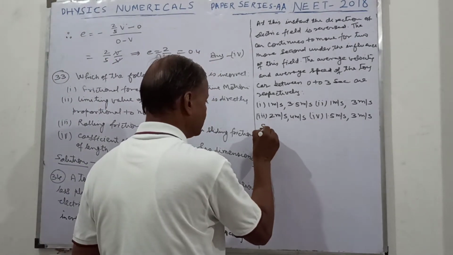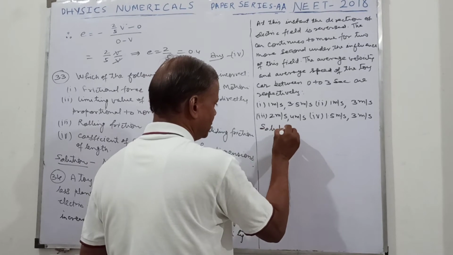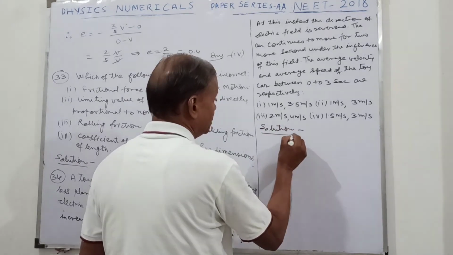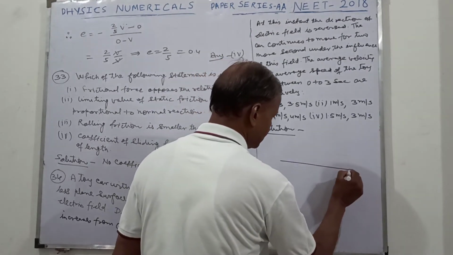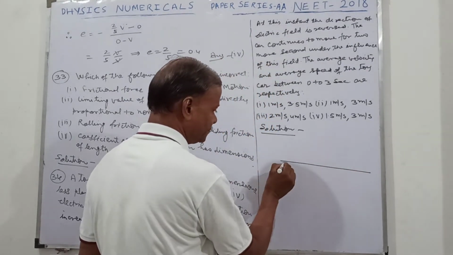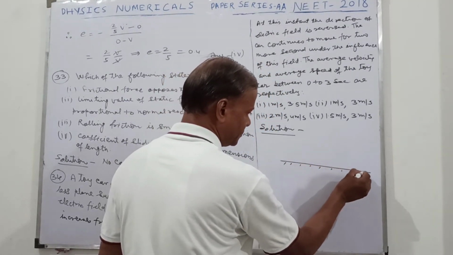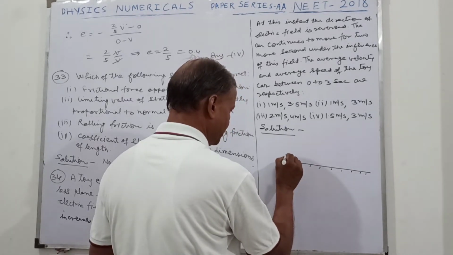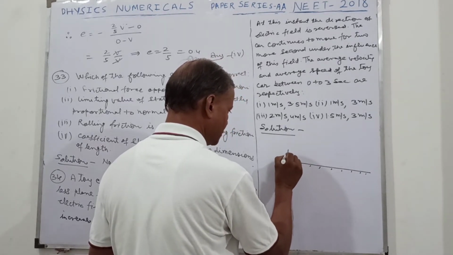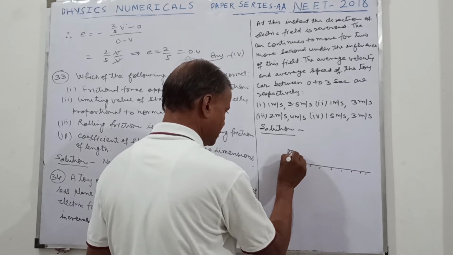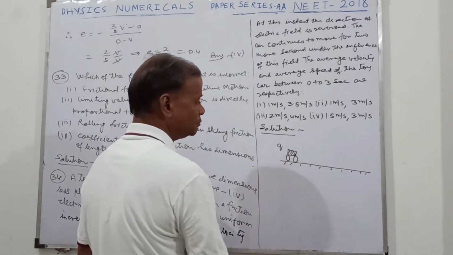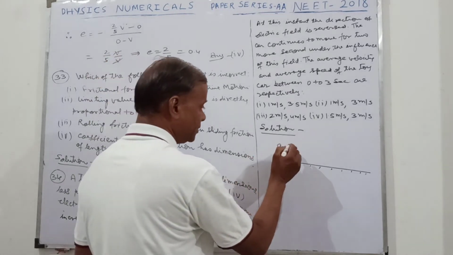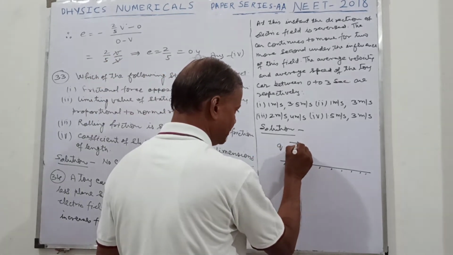Now the solution. Now we are given a toy car. This is the frictionless surface. This is a toy car. It has the charge Q. An electric field is applied on it in this direction.